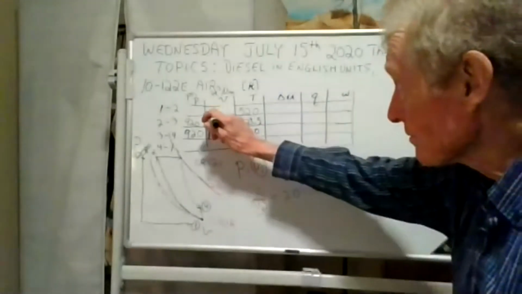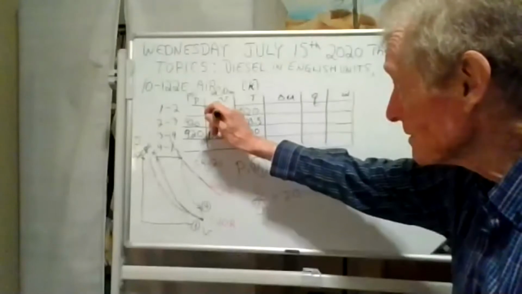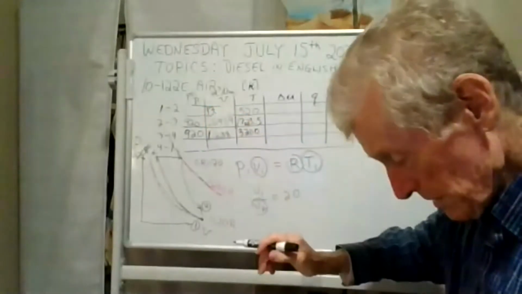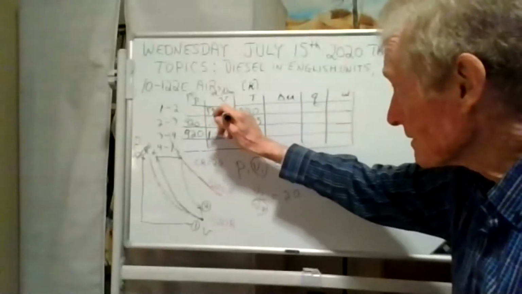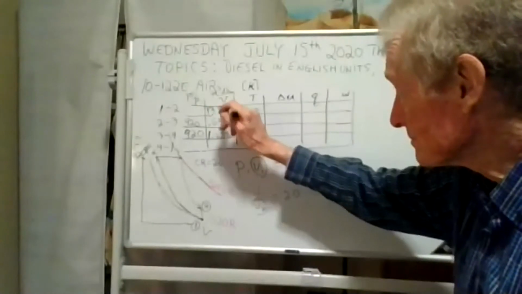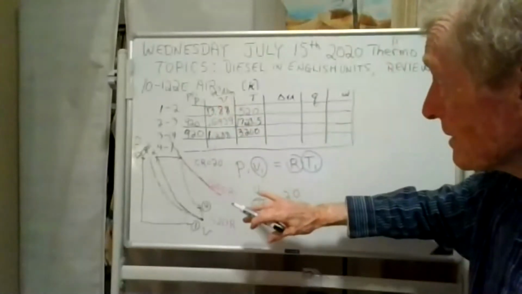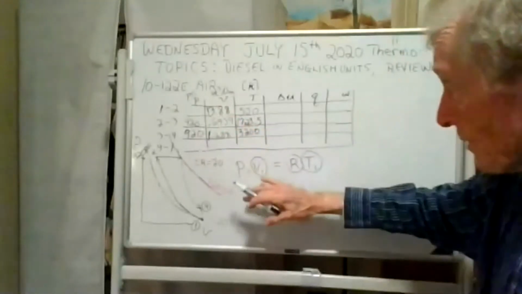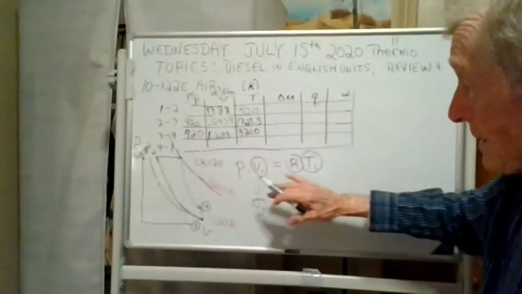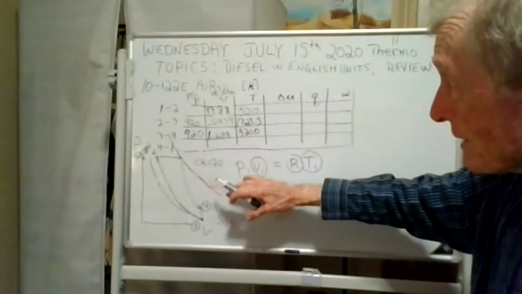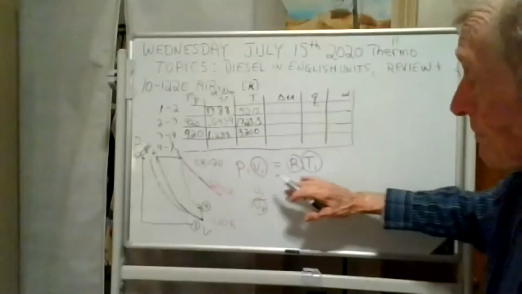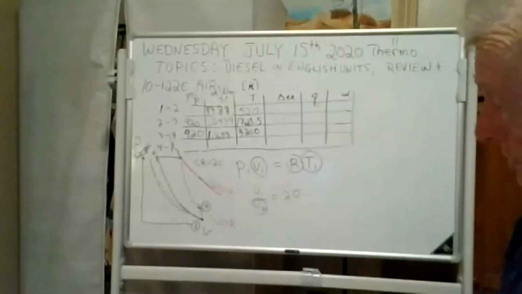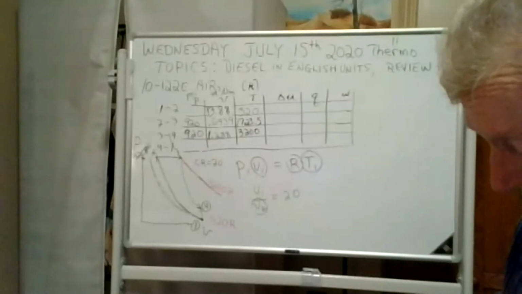Did you get 13.88? Now we have V1 and you have the correct V1. That's going to help. And now we can get the correct P1 from the ideal gas law. So here goes. I'm going to do it now.